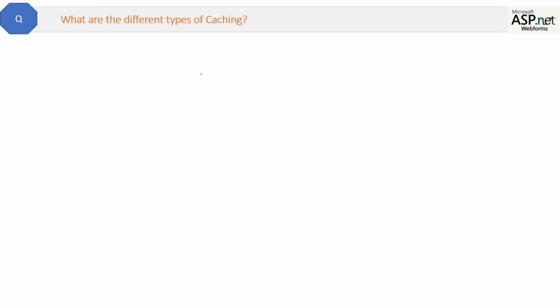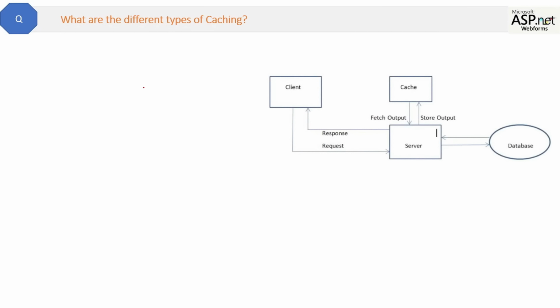What are the different types of caching? First, let's quickly try to understand the caching concept. The client will request the data to the server, and then the server will request the same data from the database. Now some data will be requested multiple times from the client.